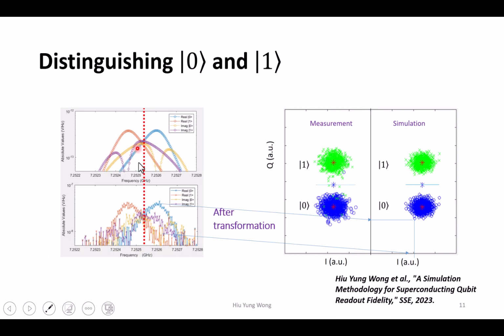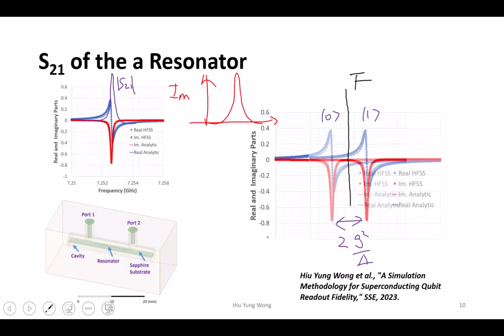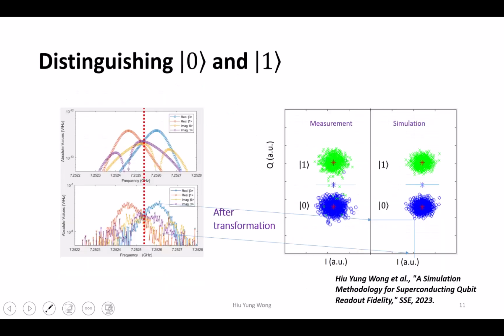And here again, I show the real and imaginary part in log scale, in power, forget about it. But the point is that you have noise. This noise is going to mess things up. Think that if your separation is not large enough, and you have a lot of noise, say the noise is that large. Then for negative, sometimes you get positive. For positive, sometimes you get negative. Then you don't have fidelity. So for example, in this case, we have enough separation, enough power.